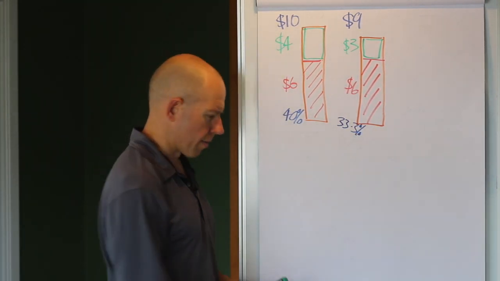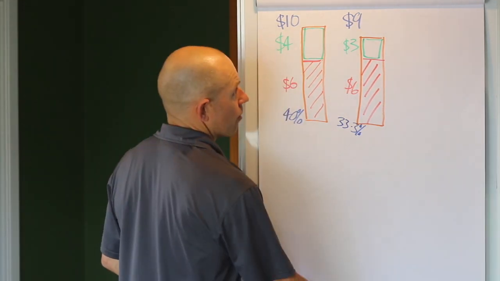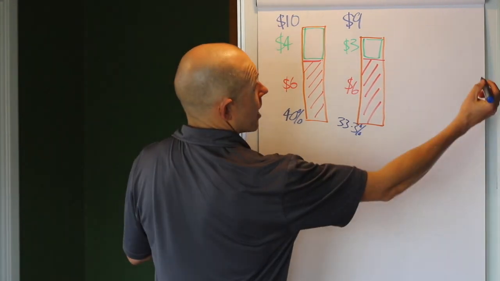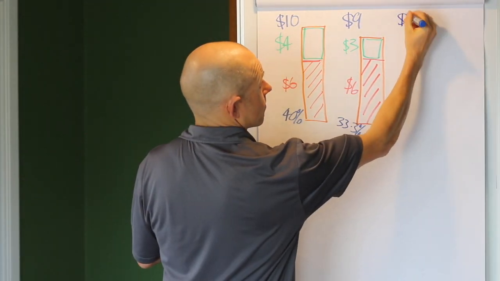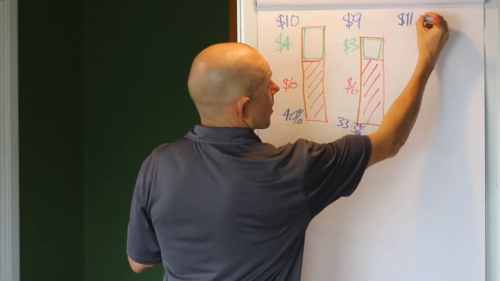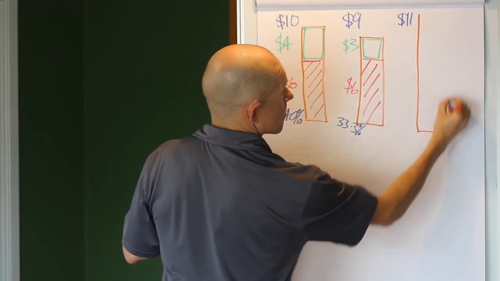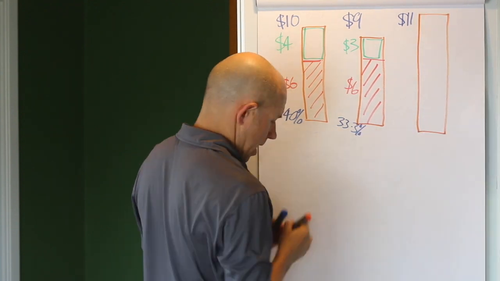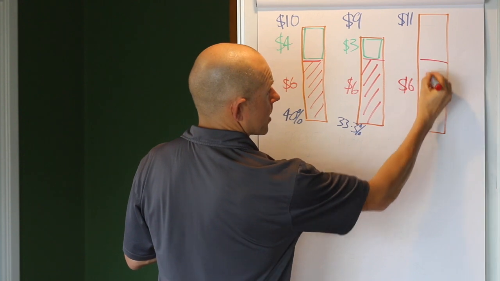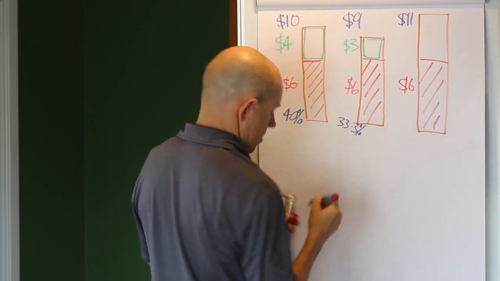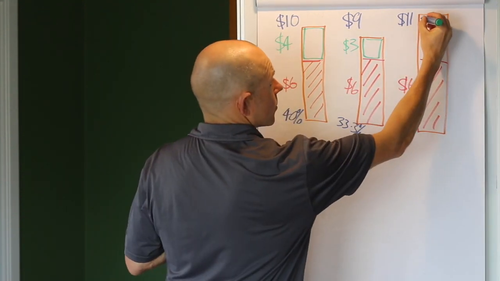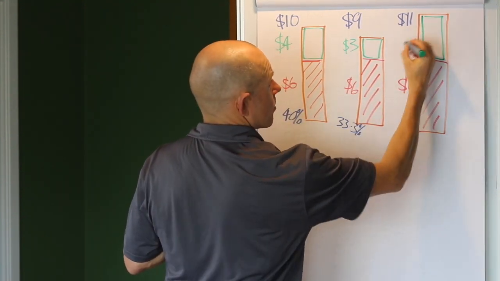Let's just do one more scenario. And this time we're going to increase our prices by 10%. So now we're going to sell something for $11. Same thing, we're going to represent our $11 here. Our cost remains the same at $6. But now we've got $5 left over in profit.